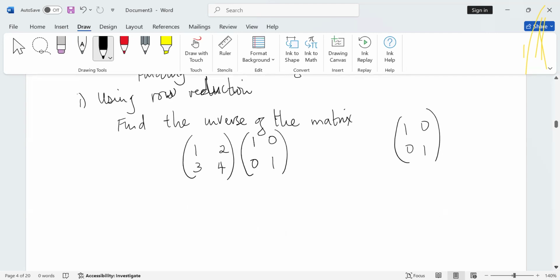So when we are using row reduction, already we have one. So we will make this one 0. And as we make this 0, it affects everything on that row. To make this 0, we will take row 2 minus 3 row 1.